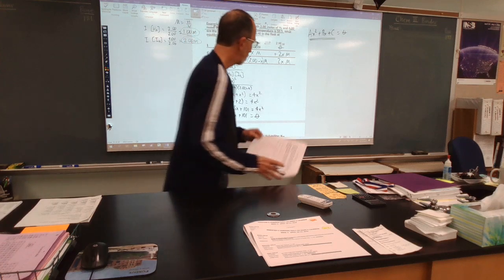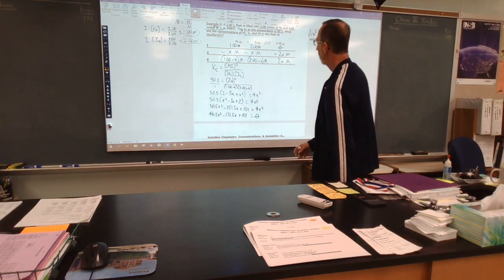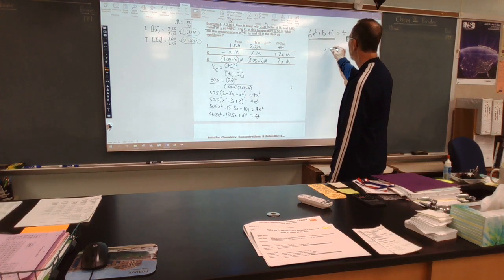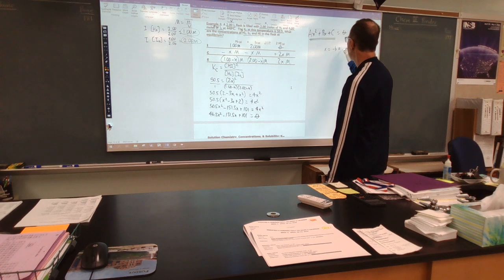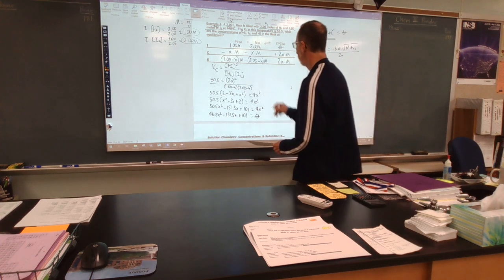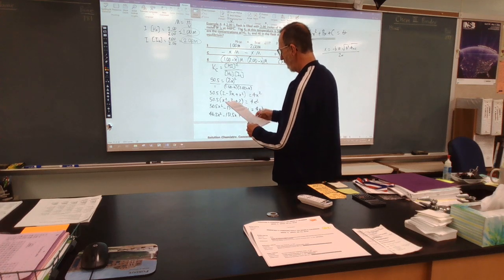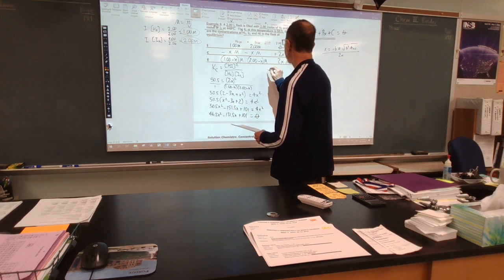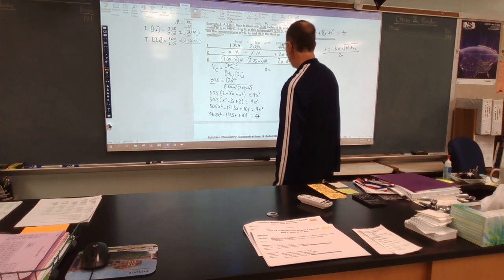Okay? So remember, x equals negative b plus or minus the square root of b squared minus 4ac, all over 2a. So I'm going to go up here now. I have x equals negative b.